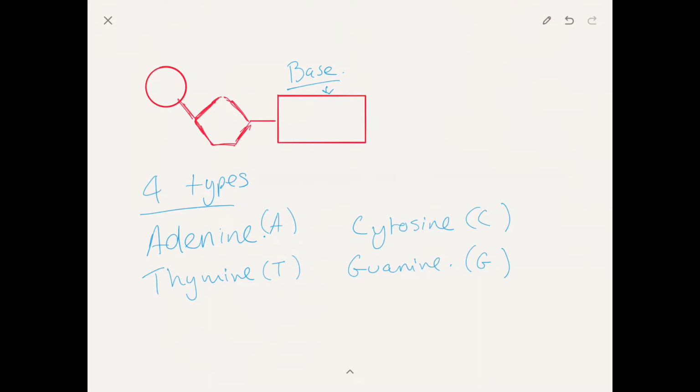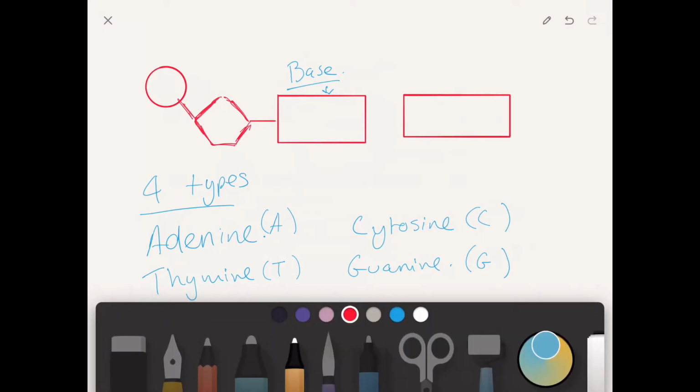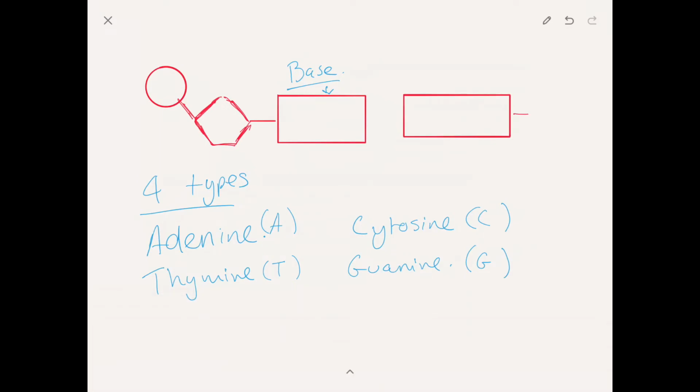The other thing you need to be aware of is how they pair. If we imagine the other side of this molecule, you'd have another base set up just like this, with a sugar group there and a phosphate up here. On the other side, it's going to pair up, and that pairing is only ever going to be in a complementary fashion.